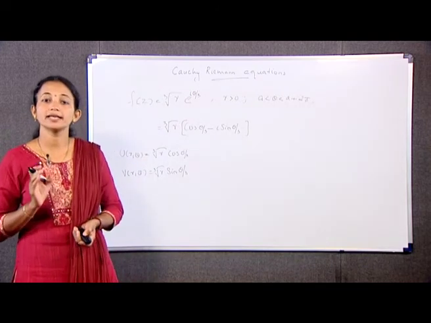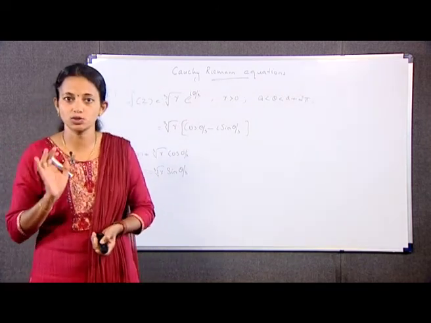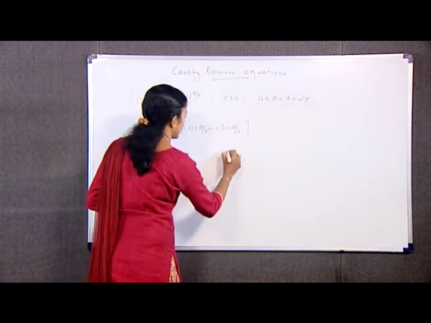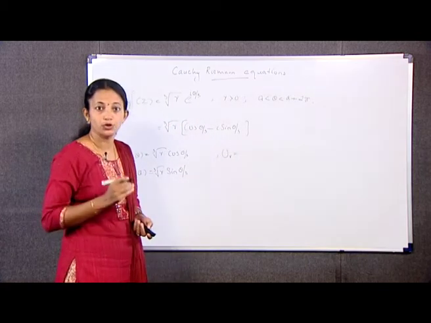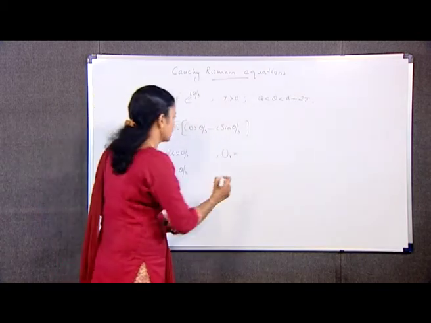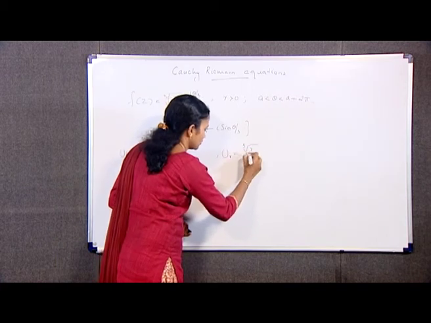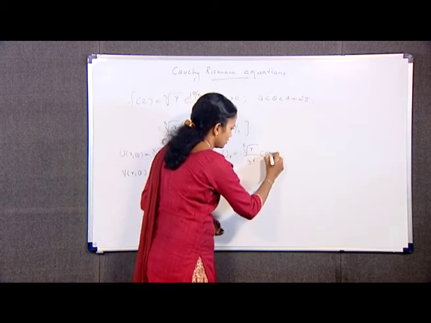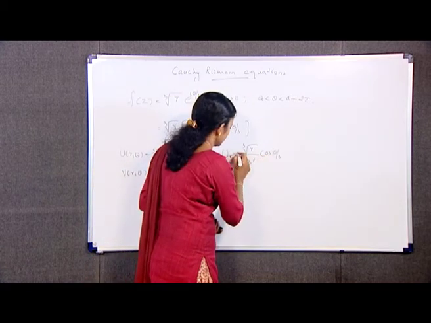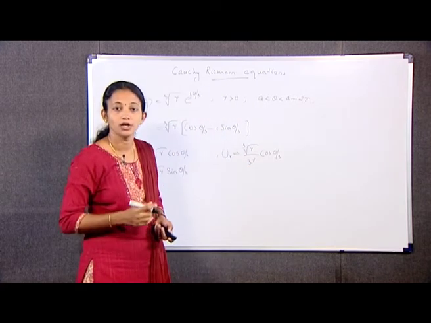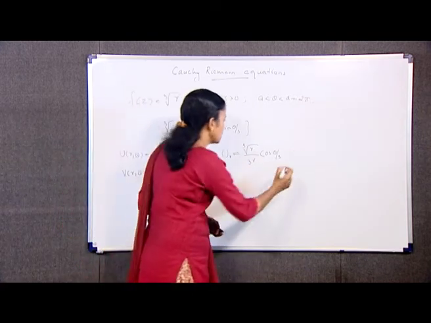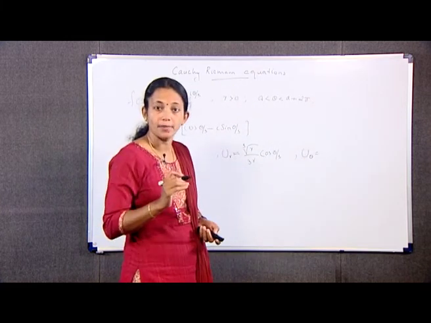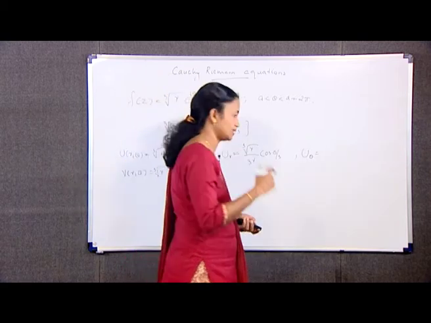So, also at any non-zero point z is equal to r e raised to i theta, u_r is equal to cube root of r by 3r cos theta by 3, and u_theta is equal to minus cube root of r by 3 sin theta by 3.